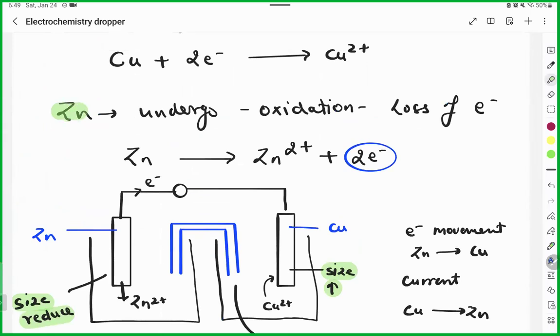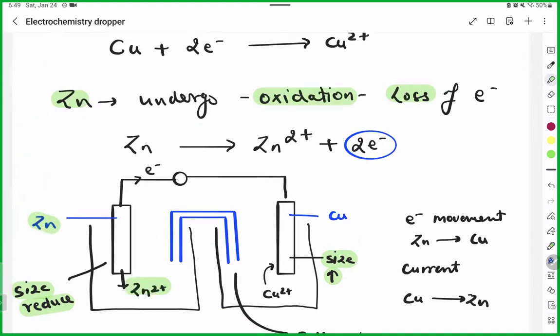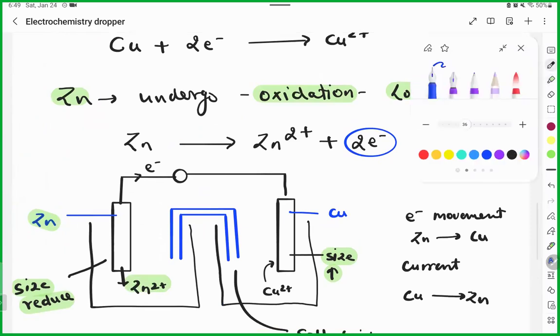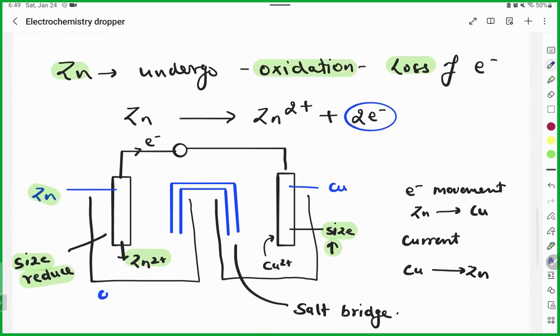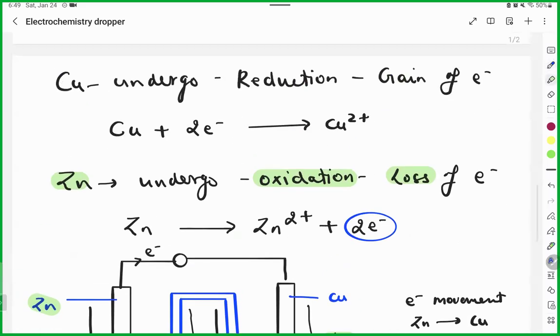For example, in this case, zinc is undergoing oxidation by losing electrons. Zinc loses electrons and converts into zinc 2 positive ion. So you can say this zinc undergoes oxidation. And copper undergoes reduction, gaining the electron.